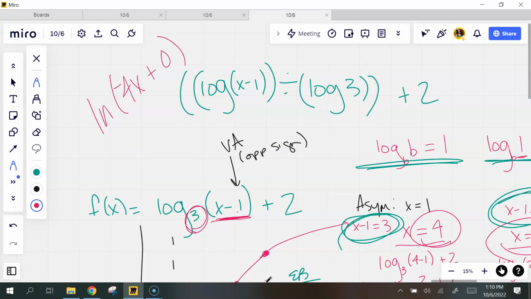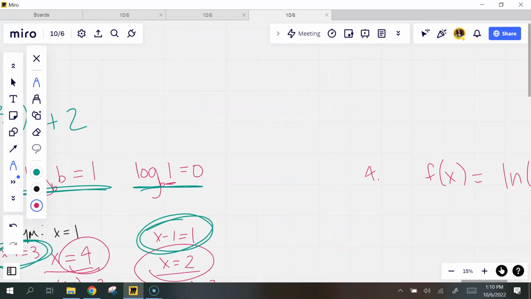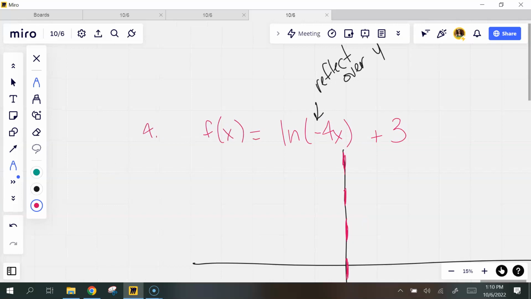So I could do +0 there if I wanted to. So 0 is the asymptote. There's no left or right shift on this one. Going from log x to log of -4x, I haven't shifted it left or right. I've horizontally shrunk it and I've reflected, but I haven't shifted any. So my asymptote has remained where it is.